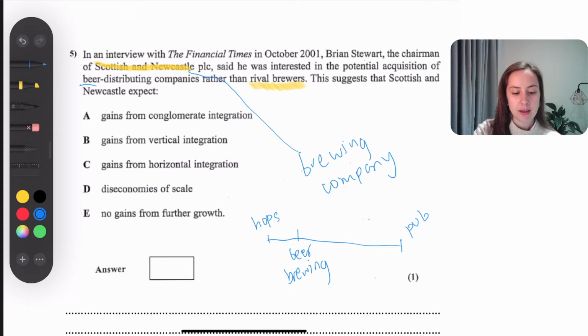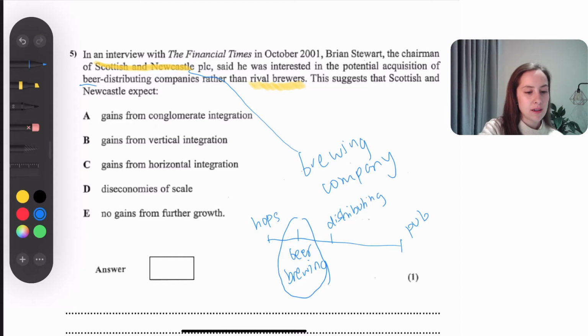Then that beer gets transported by a distributing company and it gets taken to the pub or the supermarket. So that's how I envisage a supply chain. So right now, this company is a beer brewer and it says that they are buying a distributor. So they are buying this one. So they're going along their supply chain, specifically they're going forwards. So this is the type of forward vertical integration.